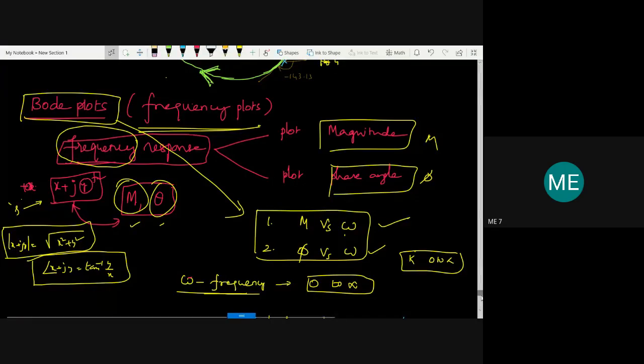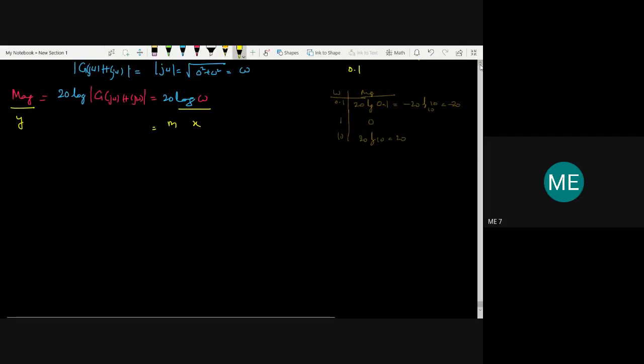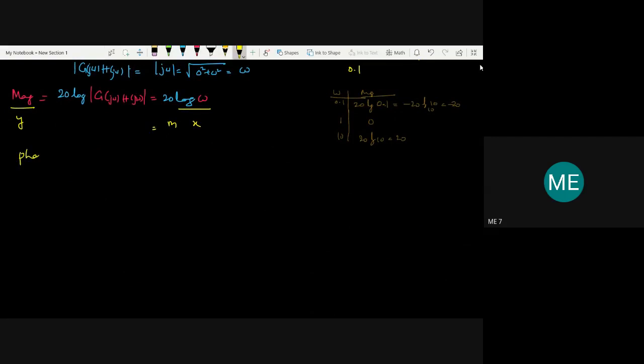Of course, the magnitude is done. Now we'll go with the phase angle calculation. The phase angle is equal to the angle of G of j omega, H of j omega, which is the angle of j omega.